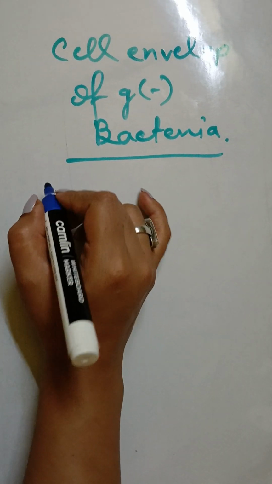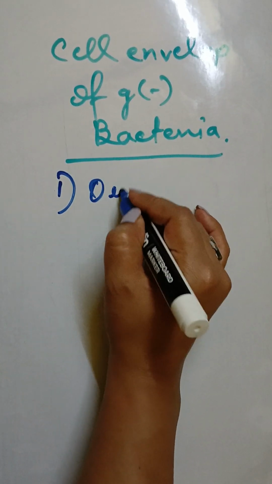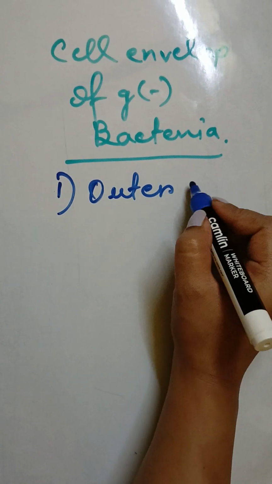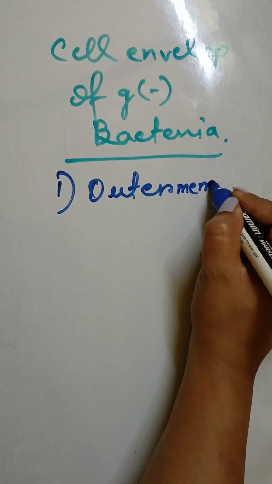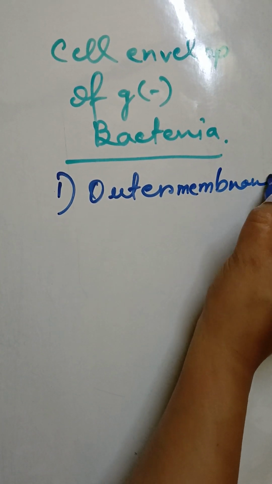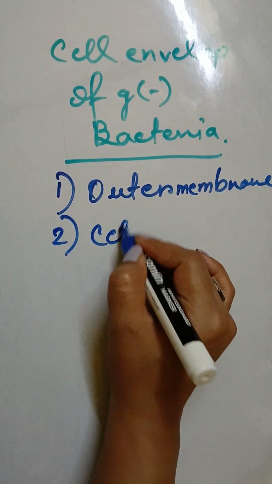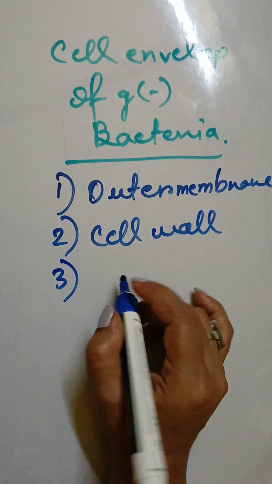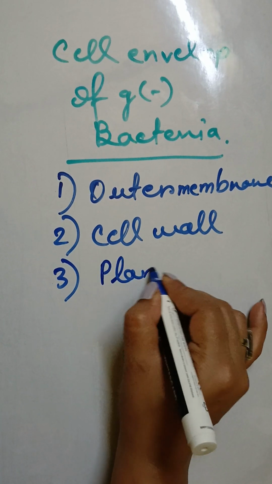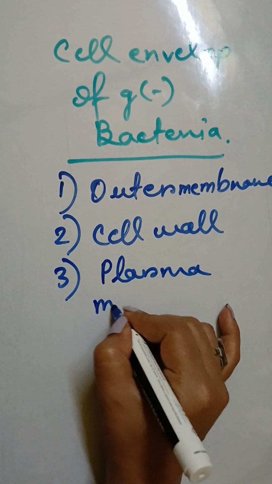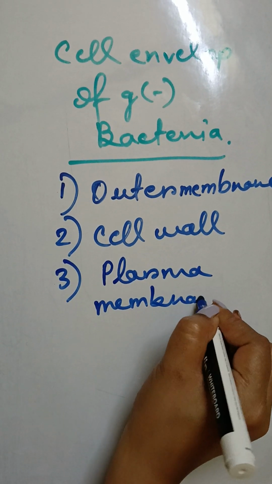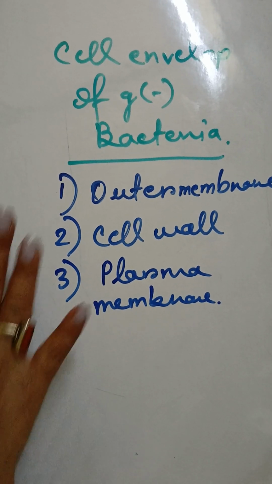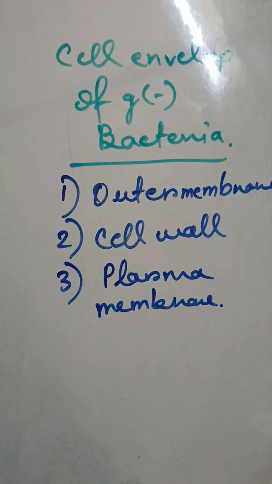Because it has number 1, an outer membrane, number 2, cell wall, and number 3 is plasma membrane. So the cell envelope of gram-negative bacteria has these 3 parts.